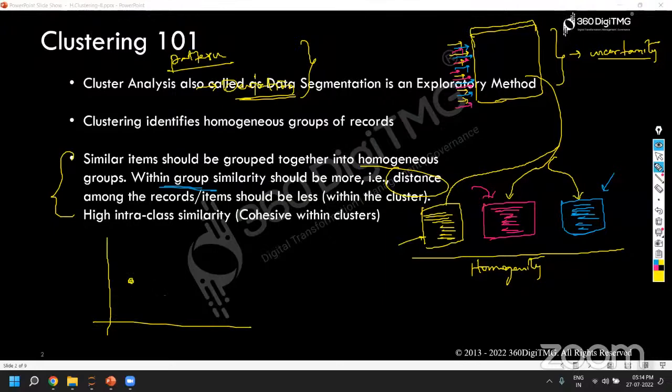So if I have two data points, point A, point B, in an X and Y plane, I will be representing this as X1, Y1, this as X2, Y2. Now, these are two data points and this is the distance. How do I measure the distance between these two data points?